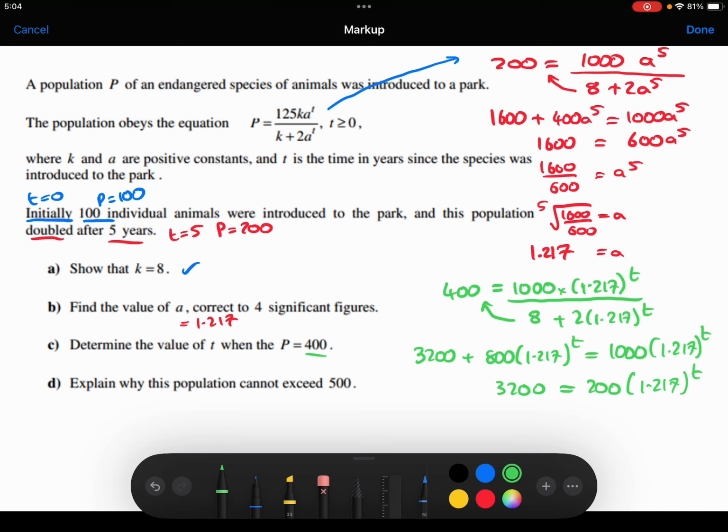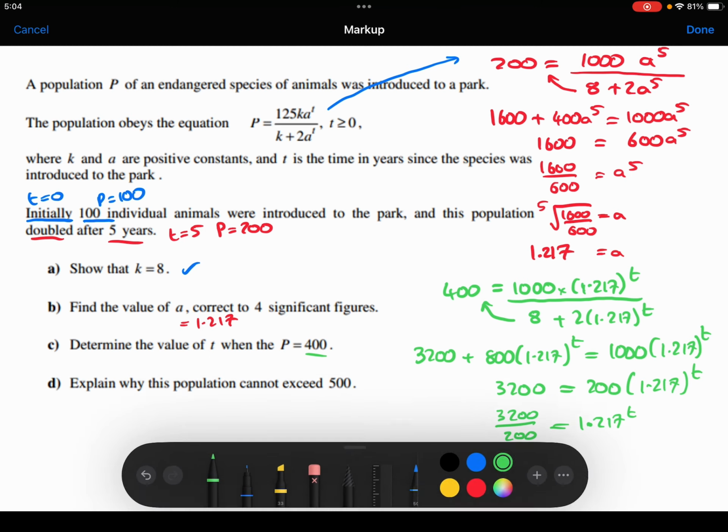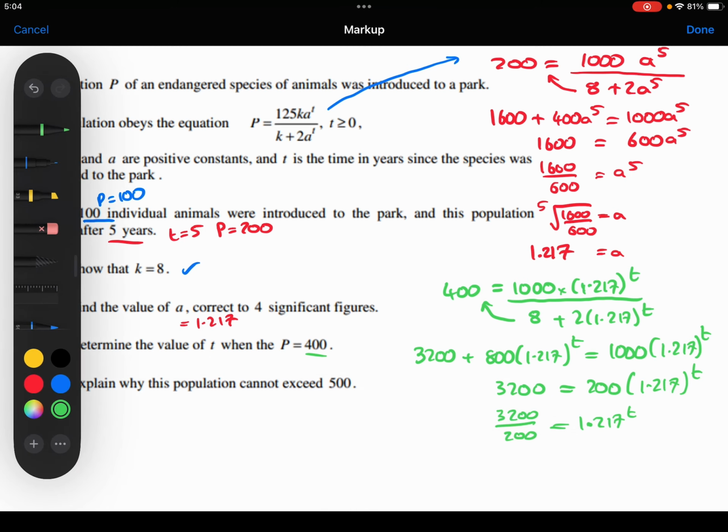We'll divide both sides by 200. And now we can take logarithms. So, taking logarithms of both sides, the 3,200 divided by 200 is just 16, so I'll simplify that.